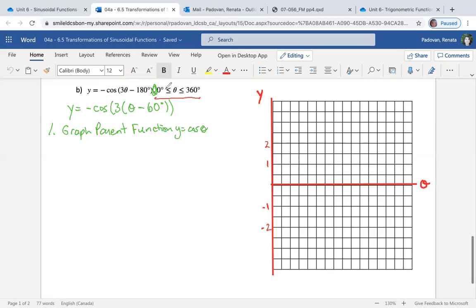I just need to make sure I have room to get from 0, which is obviously right here, all the way to 360 degrees. So if I do it the same way, right, if I do by 45, I'd have 45 and then 90, and then 135 and 180, 225 and 270. And then 2 away from that would be 360.